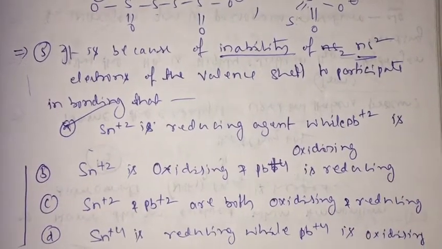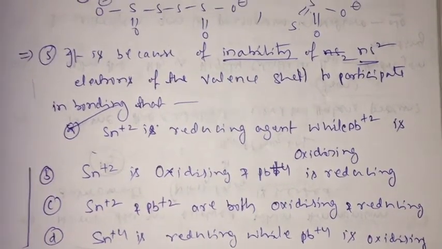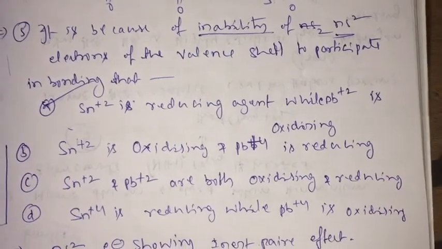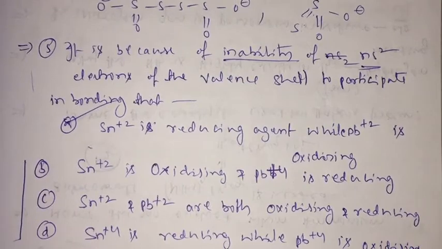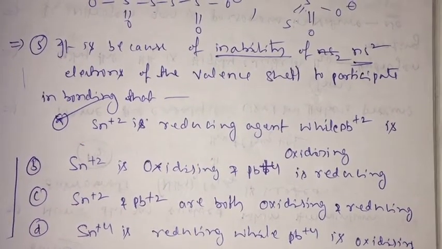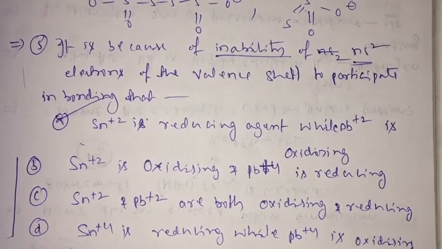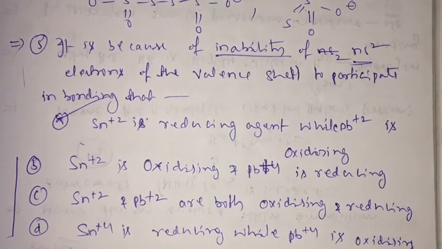Next is the question given here. It is because of the inability of ns2 electrons of the valence shell to participate in bonding, that Sn plus 2 is a reducing agent while Pb plus 2 is an oxidizing agent. Remaining three options are there. How can you explain this?